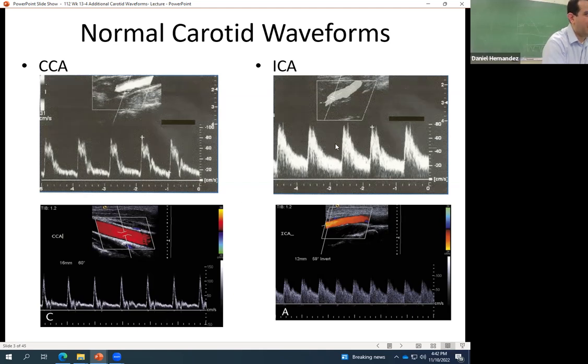Compared to that, the ICA has a lot of diastolic flow, so it is much lower resistance than the CCA. ECA has very sharp peaks, a deep dicrotic notch, and much less diastolic flow compared to peak systolic, so it has a much higher resistive index.